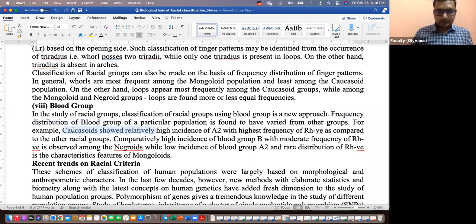Comparatively high incidence of blood group B, with moderate frequency of Rh negative, is among Negroids. Negroids show more blood group B. A low incidence of blood group B, and the A2 version, is seen in Mongoloids. Like that, some criteria connected to blood groups and the races can be seen.